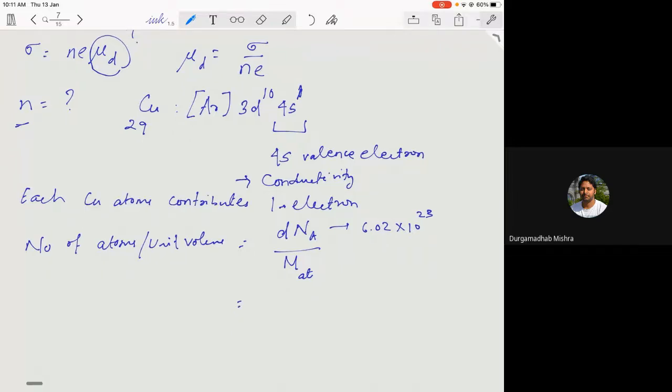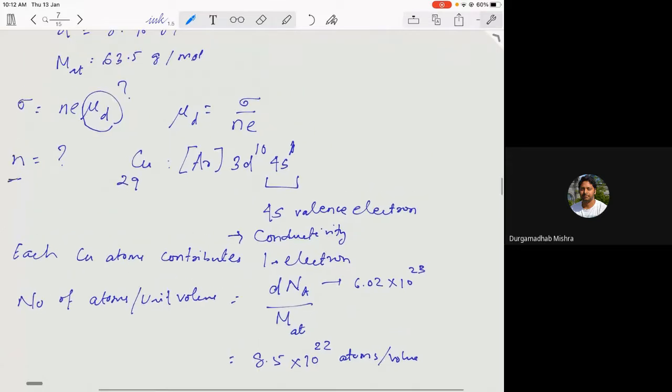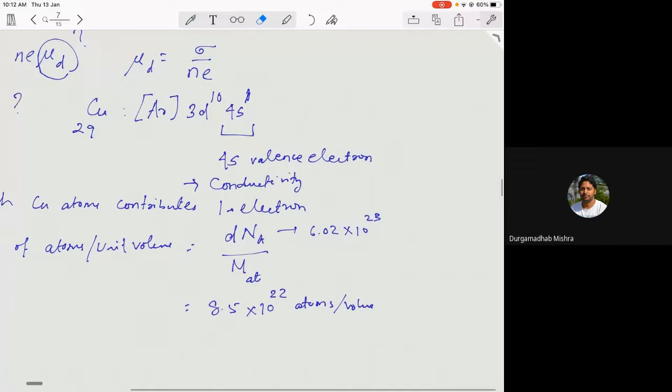So if you substitute all the numbers, the number of atoms per unit volume will be about 8.5 into 10 to the power 22 atoms per volume. Normally, since it is in centimeter, we will write number of atoms per centimeter minus 3.